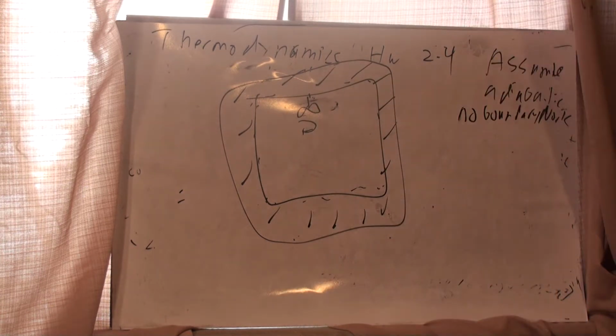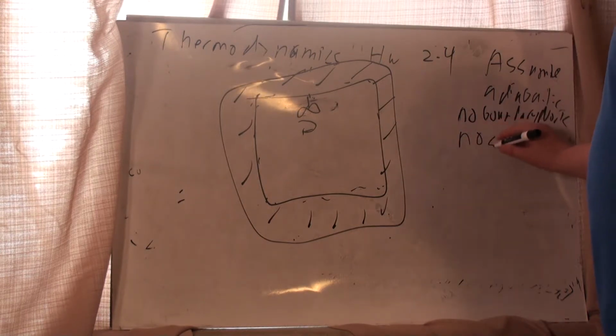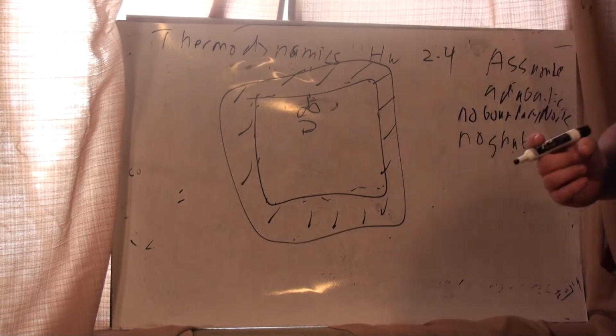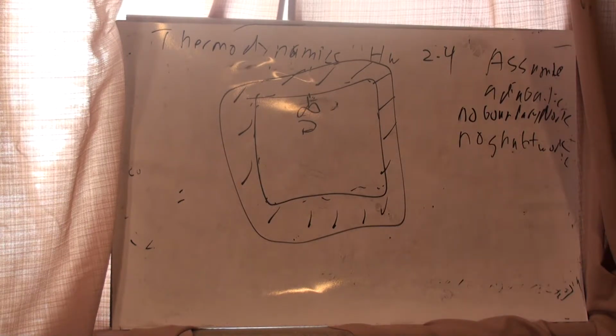Remember, work has to be done across a boundary. And so, we're actually assuming there is no shaft work, because there's no movement being translated across the boundary. So, there is no shaft work, technically.